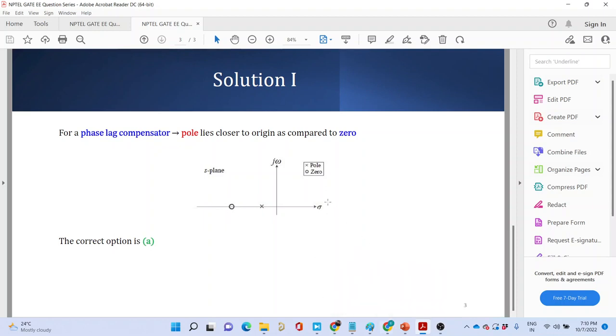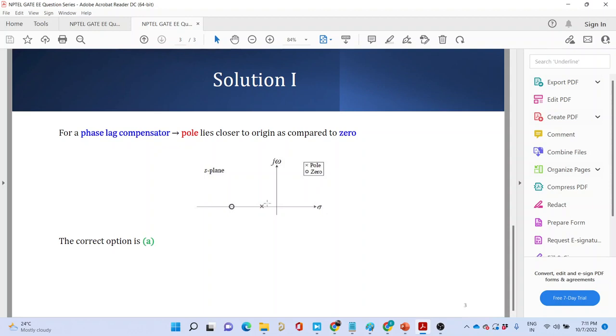Yes, tell me. For a lag compensator, the phase should be negative. Correct. So tan inverse of zero minus tan inverse of pole should be negative.